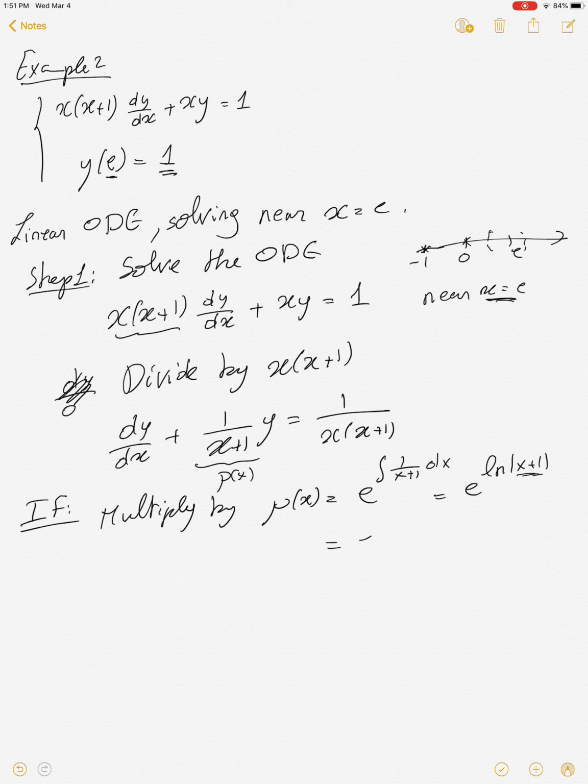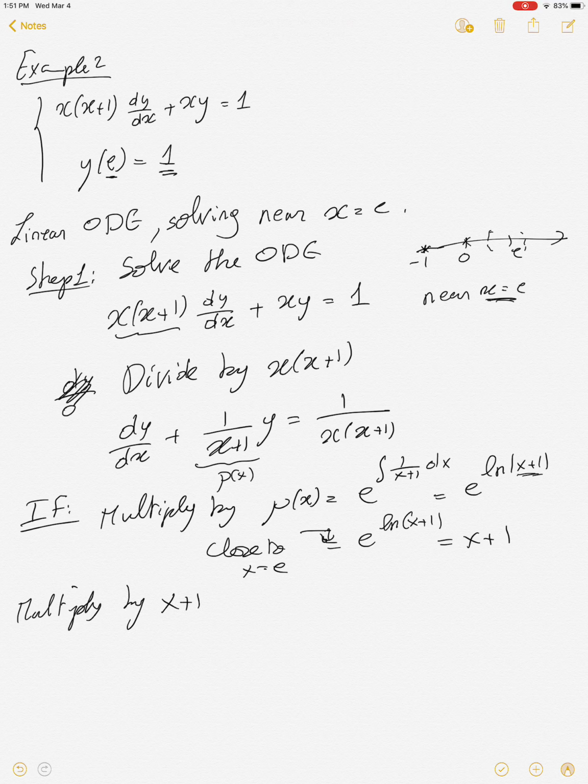So this is equal to e to the log of (x+1), because we are close to x equal to e, and this gives me x+1. So I multiply by x+1, and then I get (x+1) dy/dx + y = 1/x.